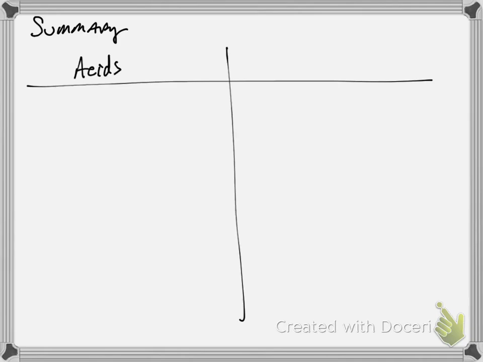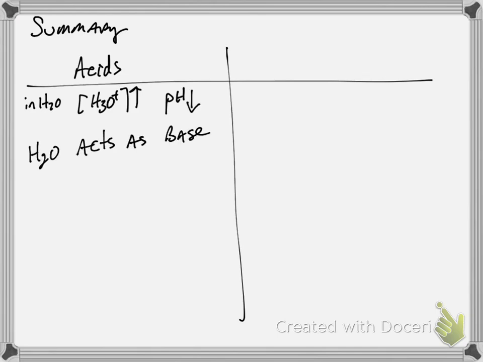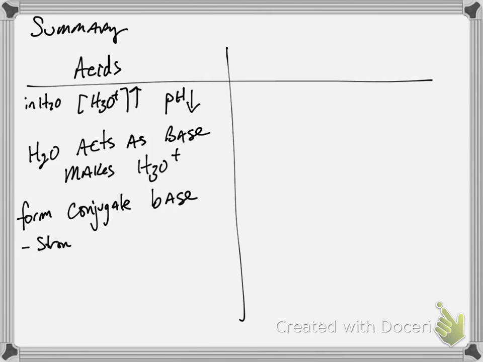All right, so let's make a summary of everything we've talked about. Acids in water produce hydronium. pH goes down. Water acts as a base, and it makes H3O plus as a product. They form their conjugate bases as products.